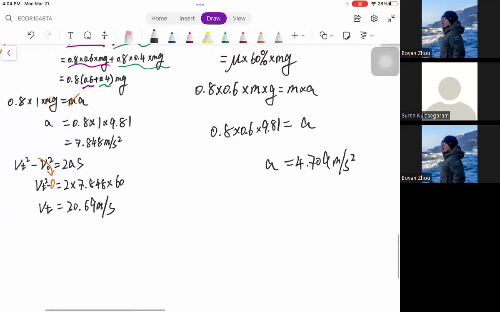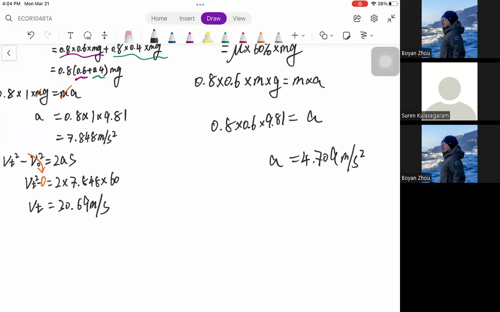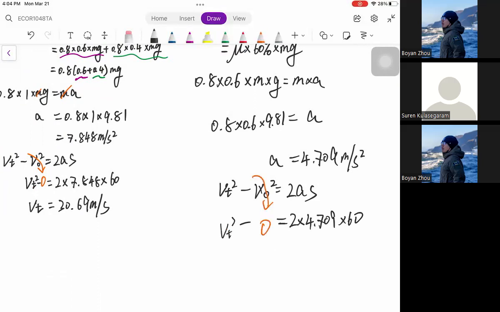Then we just need to repeat what we did for part A to find the final velocity. The initial velocity goes to 0, the final velocity is the unknown, and the final velocity is 23.77 meters per second.